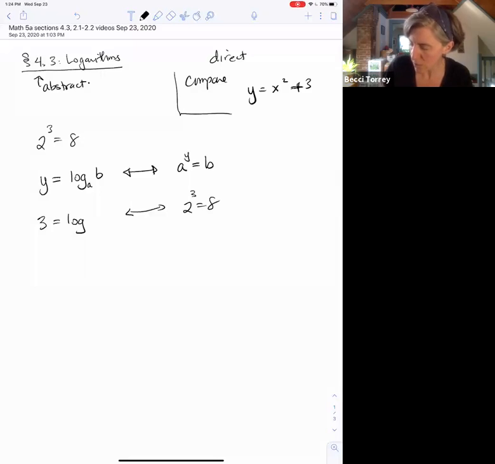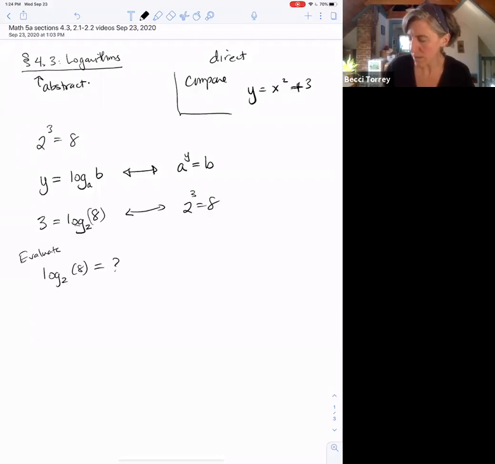So that's 2. And then the number we put into the log, you can use parentheses if you want, is 8. Okay, so when we're saying what is the log base 2, often you'll see this as a problem of evaluate log base 2 of 8, and you're like, okay, I have to figure out what is that number, right?